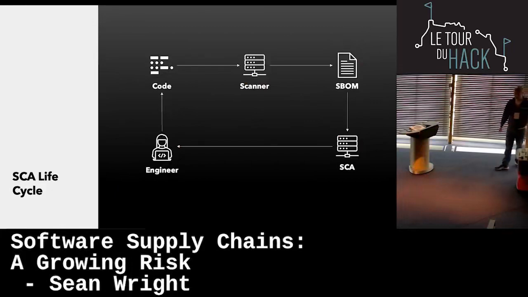So the way we should be doing these things is using something called SCA, software composition analysis. What this does is scan the code and generate what's termed a software bill of materials, an SBOM, that can then be used to manage your dependencies in your software. This SBOM can also be scanned by the SCA to determine which packages are vulnerable.